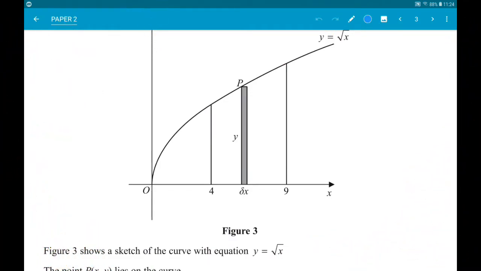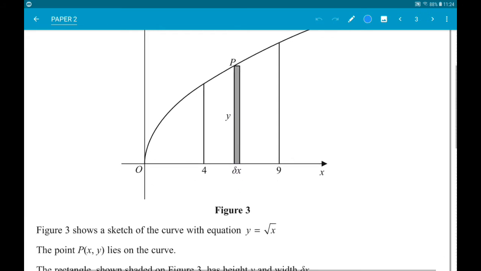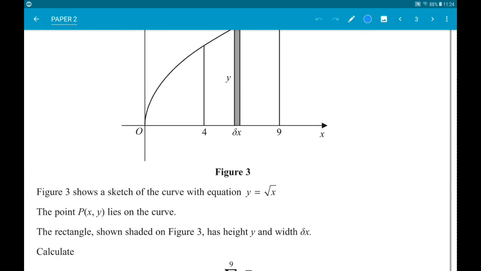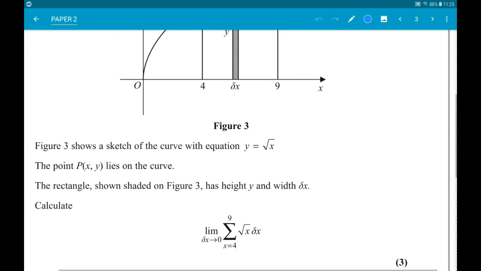Number 5, so we have the curve y is root x. The point B, x y, lies on the curve. The rectangle has a height y and width delta x. We want to calculate the limit as delta x tends to 0 of the sum from x is 4 to 9 of root x delta x. So all that this is, is integration.